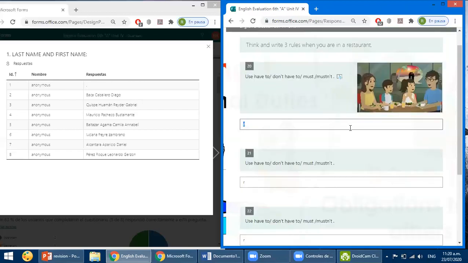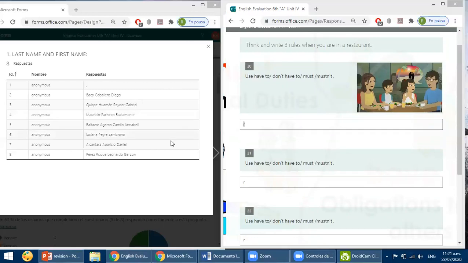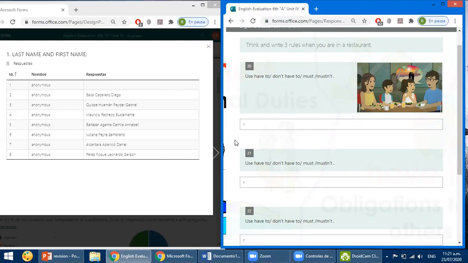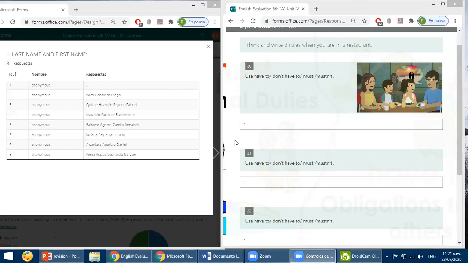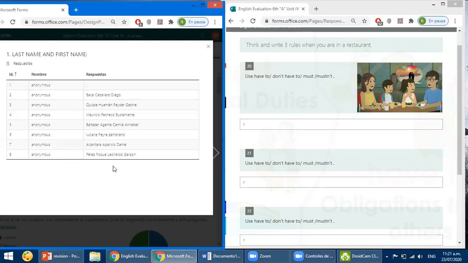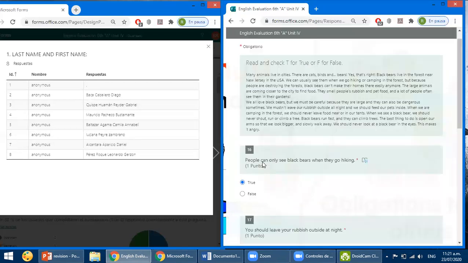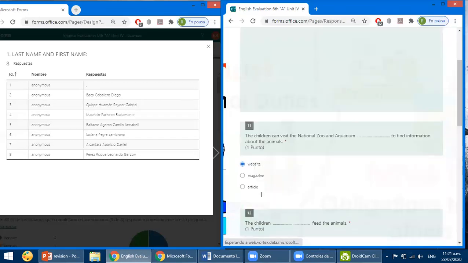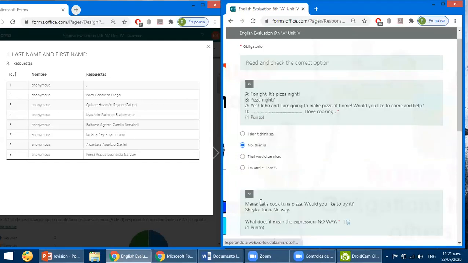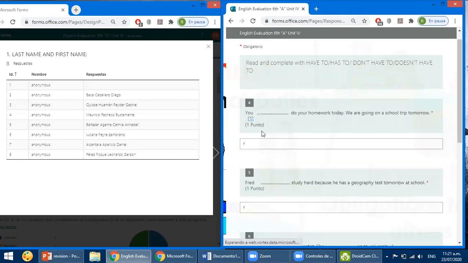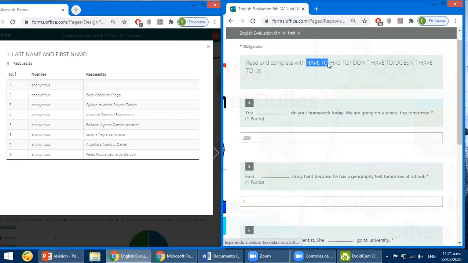Okay? For the restaurant. Teacher, me dice en la pregunta 4 que está mal porque yo copié todo y le puse lo que le faltaba. Okay, Leonardo, I'm going to check. Maybe you copy with the capital letters because it's not a sentence. When you complete this part, it's not a sentence. You need to write in small letters. Only we use capital letters at the beginning, or when we emphasize something.